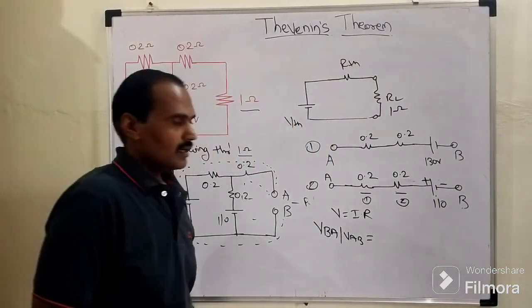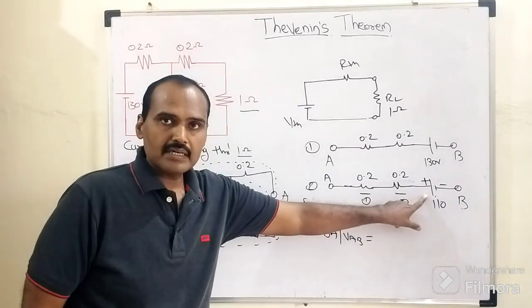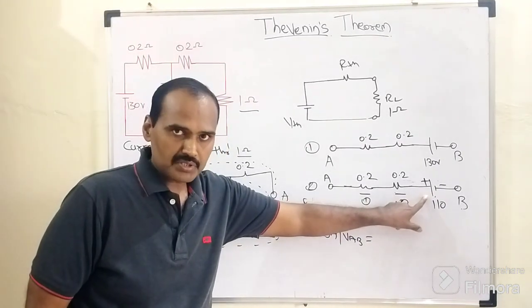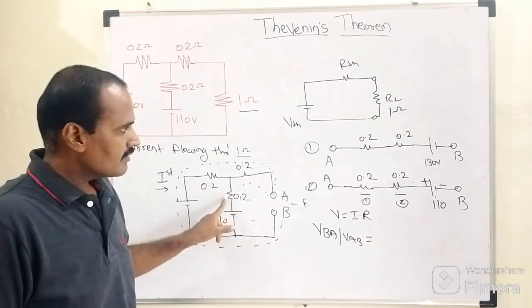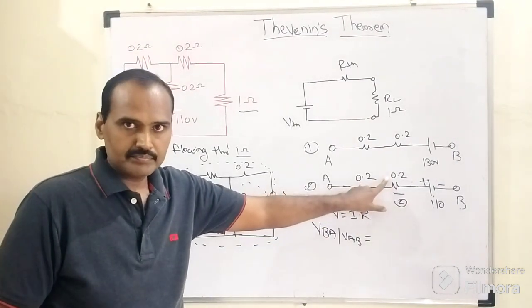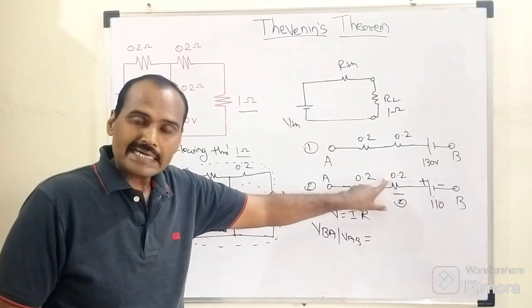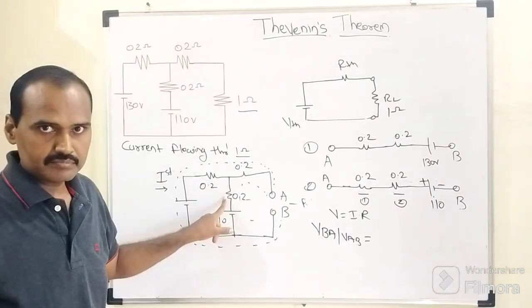Negative plate, the smaller length plate, means negative charge, and the larger length plate is nothing but what? The positive charge. Then immediately after that we have this 0.2 ohm resistor, but there will be a conduction of current through this 0.2 ohm resistor, right?